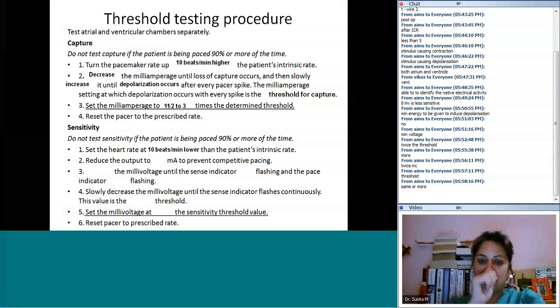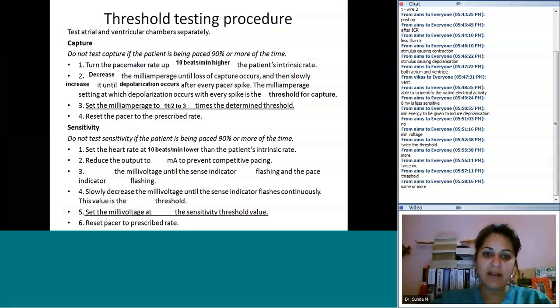You are trying to see if the pacemaker can sense the patient's rate. First thing it has to sense is the patient's rate. Then it has to decide, okay, this rate is too low, I'm going to pace, or this rate is good, I'm not going to do anything. So when you are testing sensitivity, you have to see his rate. Patient's heart rate is 80. Now you set the pacemaker at 70.